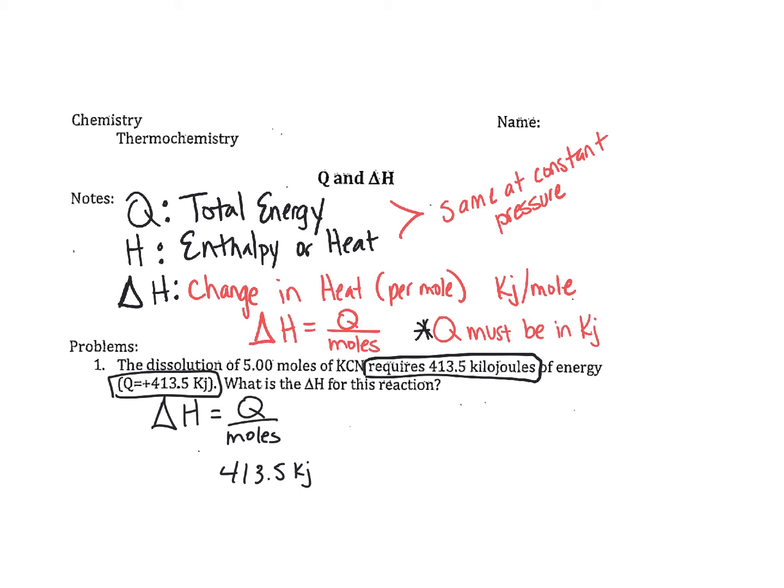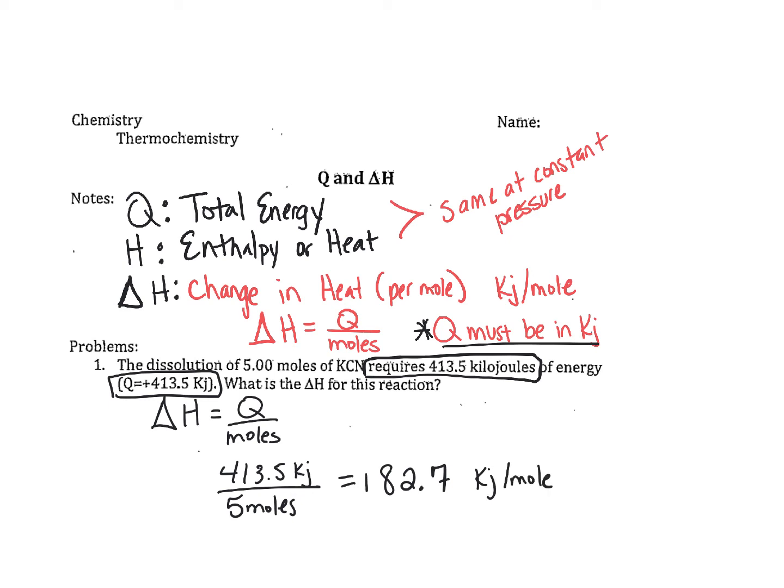Remember, Q must be in kilojoules, so we're good there. And then we're going to divide it by the number of moles that are reacting. So if we take 413.5 and divide it by 5 moles, that means that our delta H, or our change in our heat energy, is 82.7 kilojoules per mole.